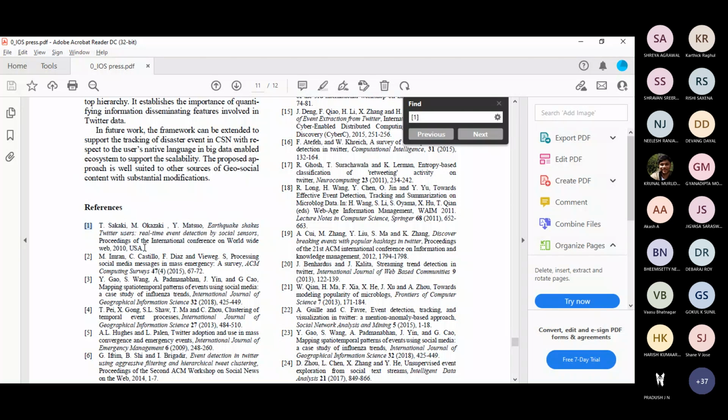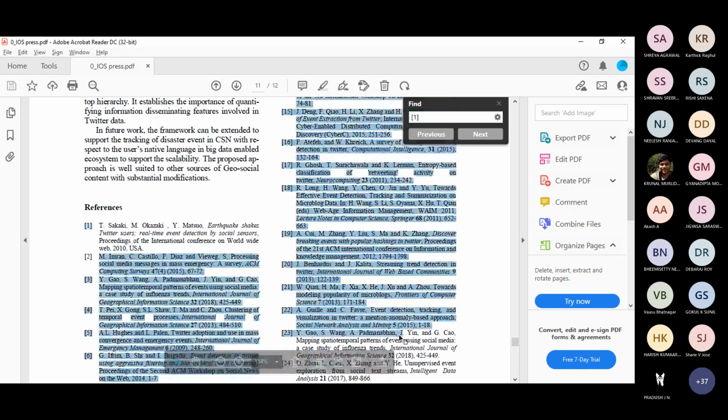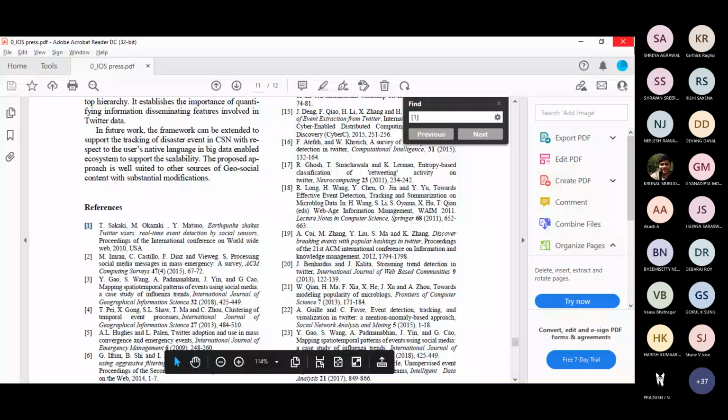This is called citation. I'm citing this paper, which means for my research study I have used this research article by Sakaki and Okazaki, who have already done the research. In the same way, I'm referring to many researchers. This is called citation.